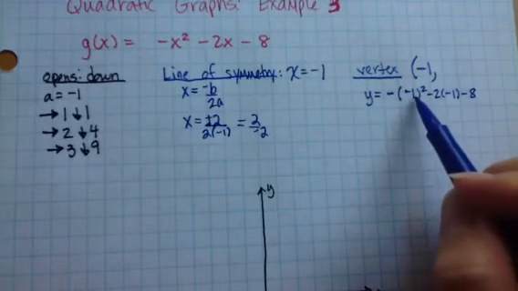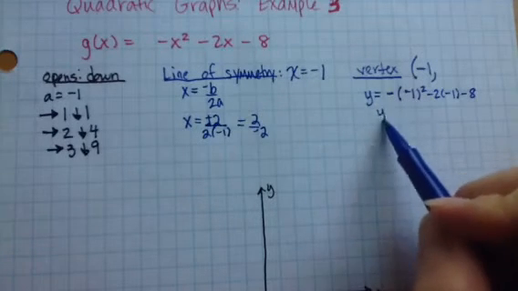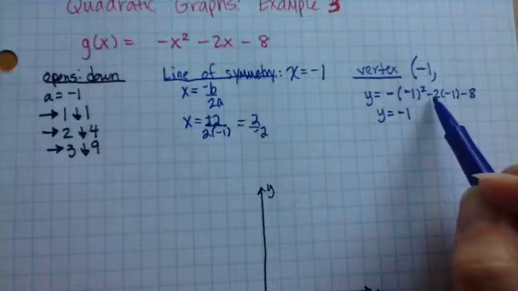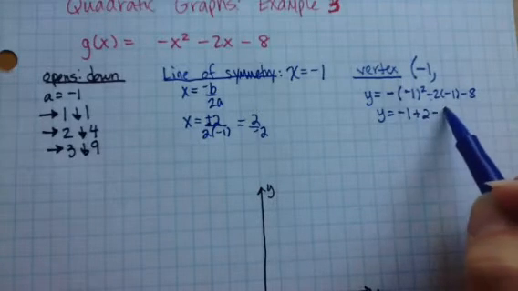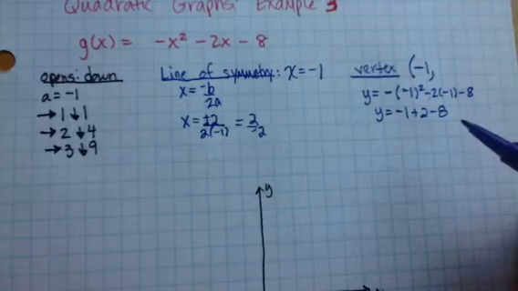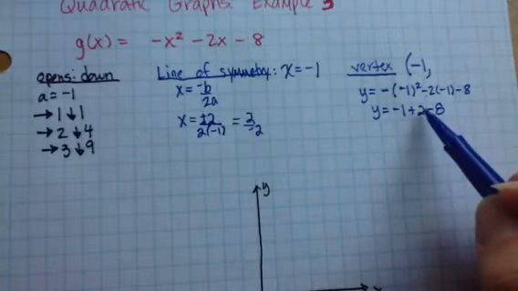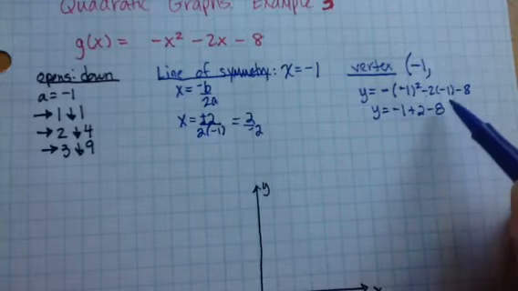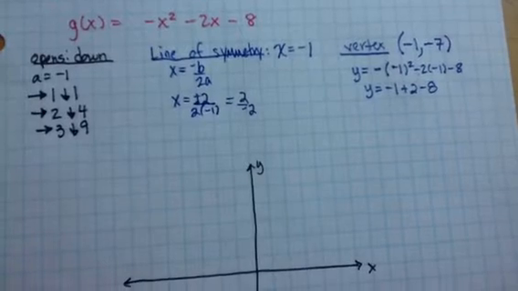We're going to square the negative 1 first, so that will be positive 1. Make it the opposite value. So it will be negative 1, and then we have negative 2 times negative 1 makes plus 2, and then minus 8. So negative 1 plus 2 is 1, and then minus 8 is negative 7. So the vertex is negative 1, negative 7.